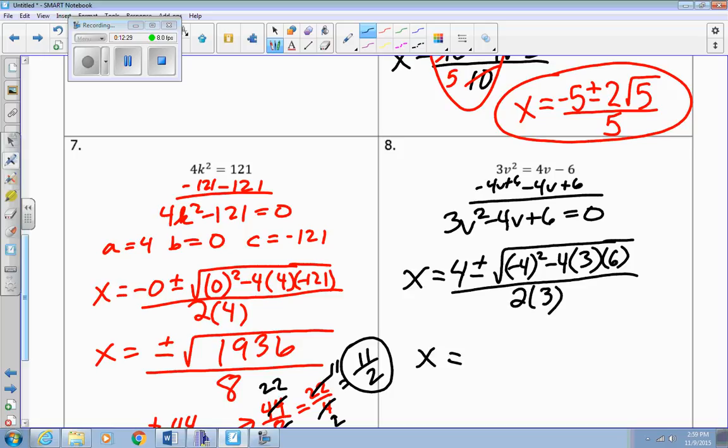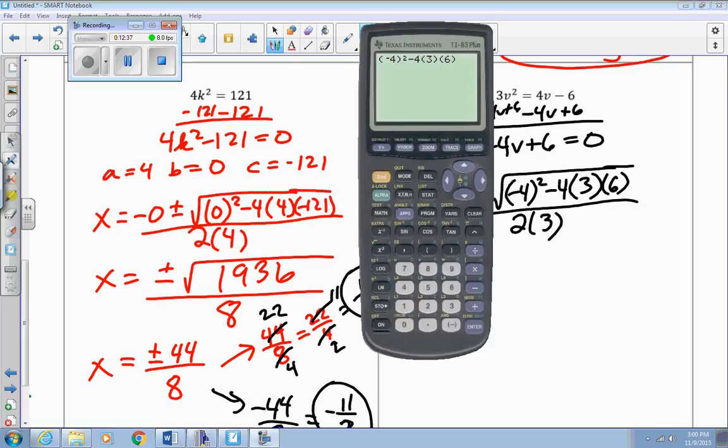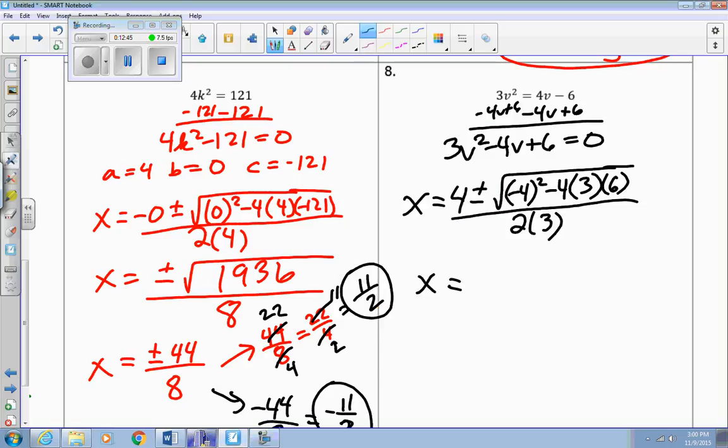Let's put it underneath the radical and put that into the calculator. Put the discriminant in the calculator, hit enter, and get negative 56. Alright, so we have 4 plus or minus the square root of negative 56 over 6.